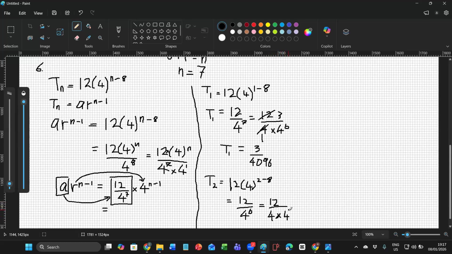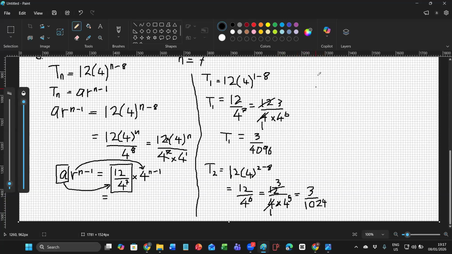My five is not looking like a five. So that will now be 4 and 12. That's three, right? So that would be 3 over 1024. Okay. So now you can figure out what R will be.